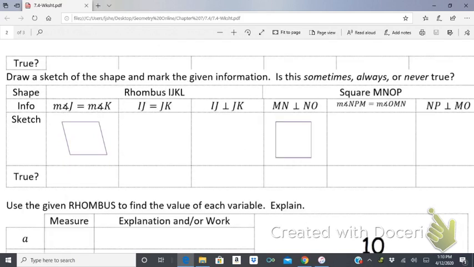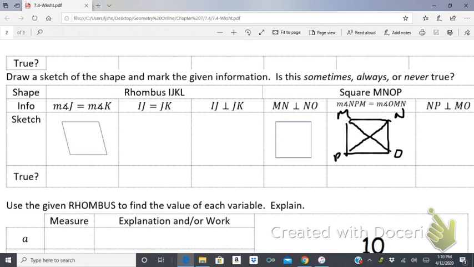Okay? If something is a square, then that means it is a rectangle. So let's look at this one. Now, the only one I'm going to do is a square, and I'm going to do this one on the side. So I'm going to put up my picture, M, N, O, P, and it's asking me about NPM, which means I'm going to draw this diagonal here, and this diagonal here.